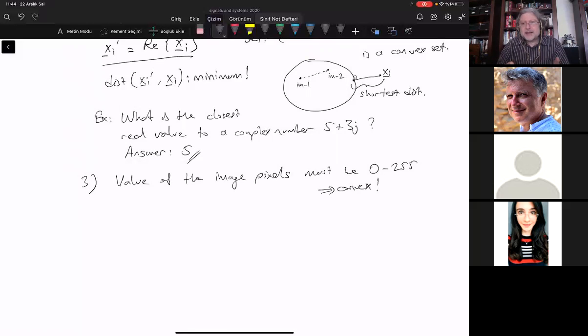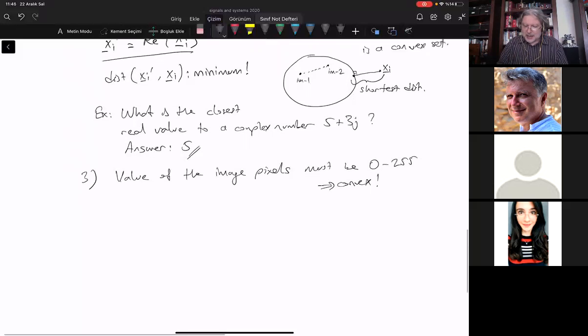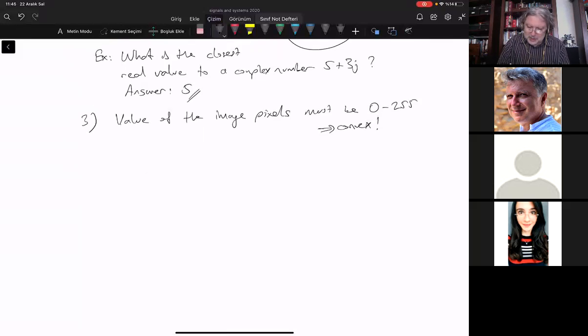And then I have to find the orthogonal projection. The orthogonal projection is to find the smallest distance image which obeys this. And the projection operation is to chop beyond 0 and 255.